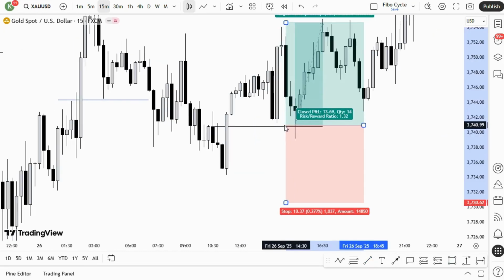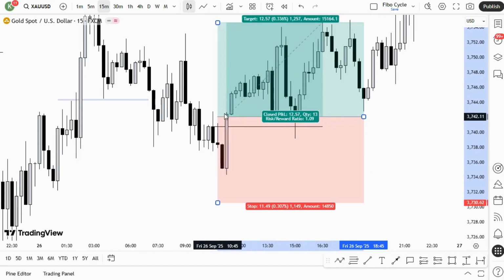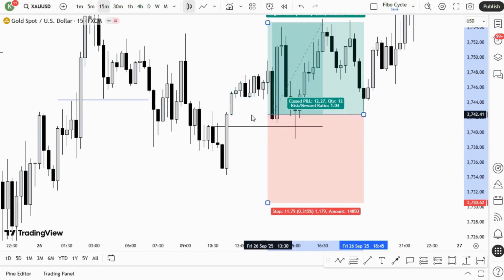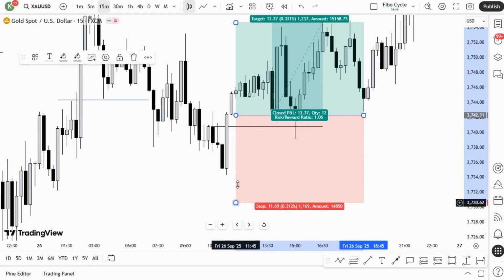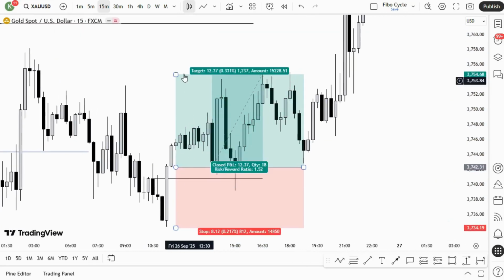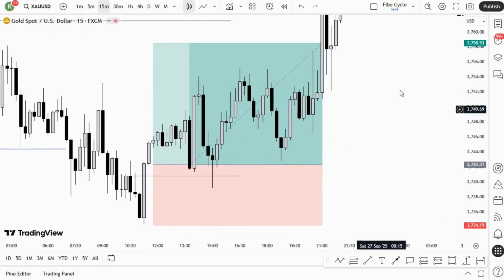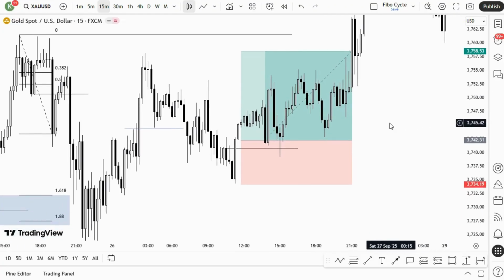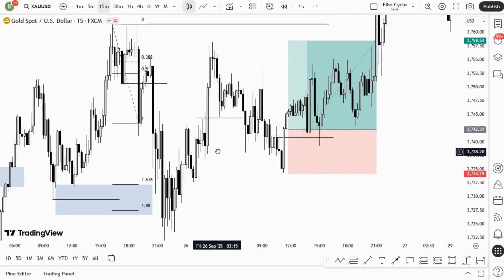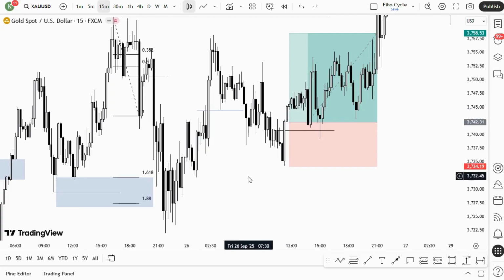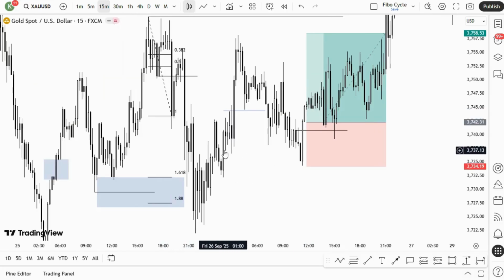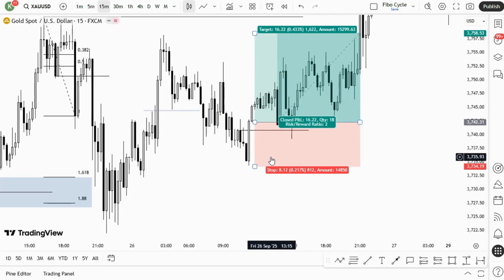Let's just place our entry at the fair value gap, and stop loss covering the low, targeting this high. So this is another trade which we took just based on our knowledge of intermediate term high, intermediate term low, Fibonacci, and fair value gap. So this is how you can combine the concepts and take high probability trades.